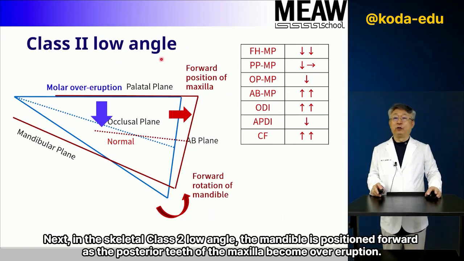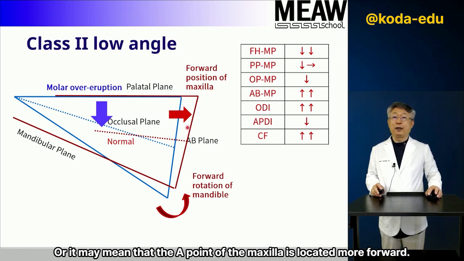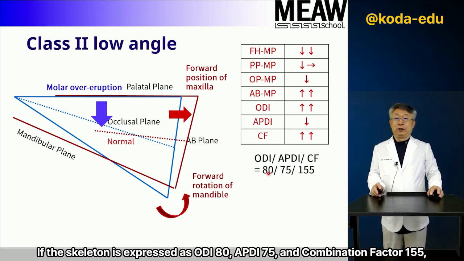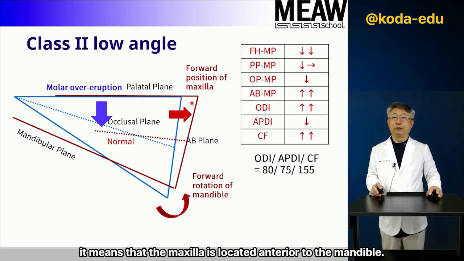Next, in the skeletal class 2 low angle, the mandible is positioned forward as the posterior teeth of the maxilla become over erupted. Or it may mean that the point of the maxilla is located more forward. If the skeleton is expressed as ODI 80, APDI 75, and combination factor 155, it means that the maxilla is located anterior to the mandible.